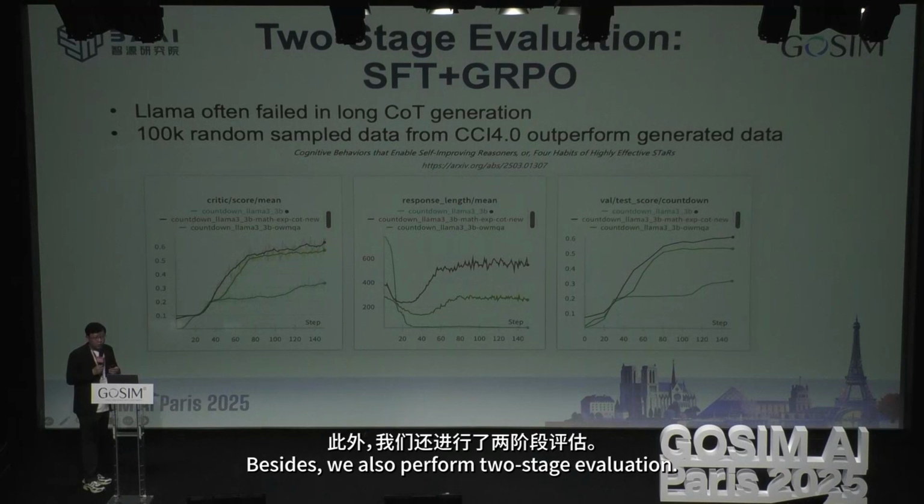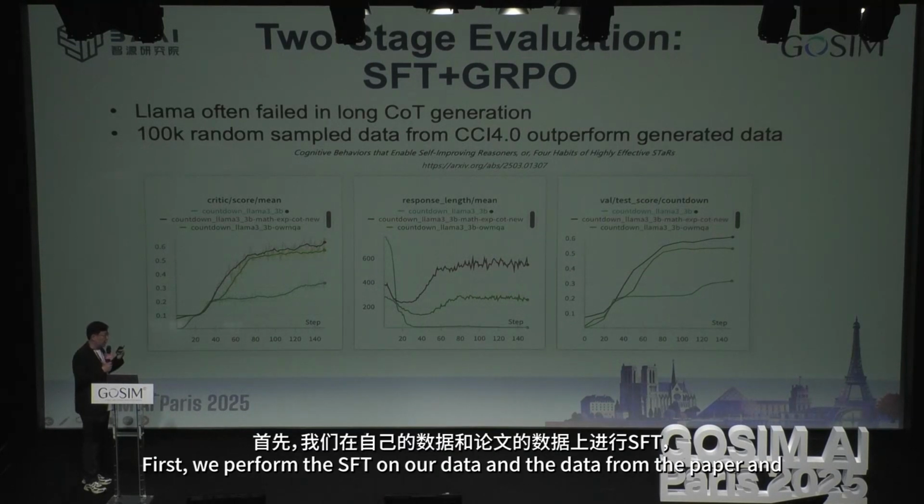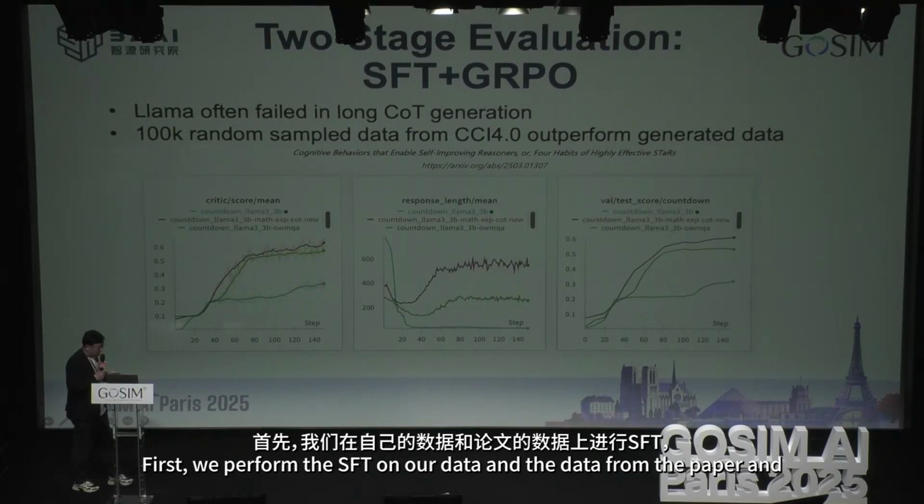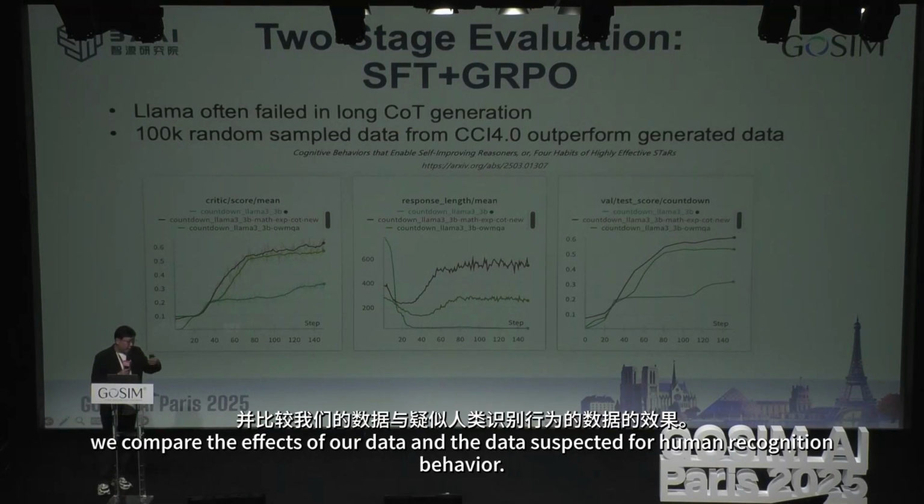Besides, we also perform a two-stage evaluation. First, we perform SFT on our data and the data from the paper, and we compare the effects of our data and the synthetic data for human recognition behavior.